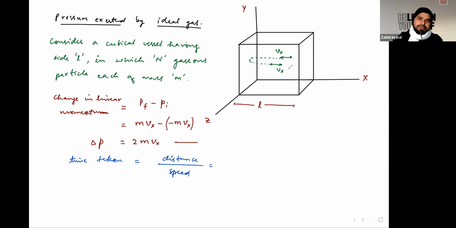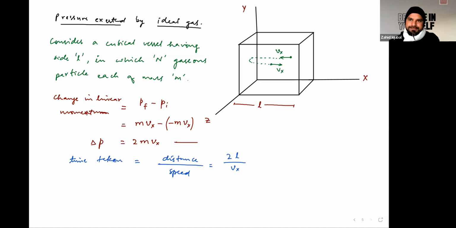So this particle must have moved from this end to this and get reflected back again to this point. So the total distance is 2L divided by its speed along that direction, vx. So we have the change in linear momentum and time taken. According to Newton's second law, we can say the rate of change of linear momentum is directly proportional to the applied external force.